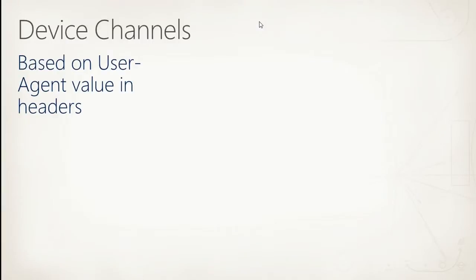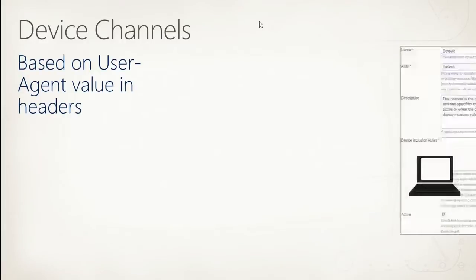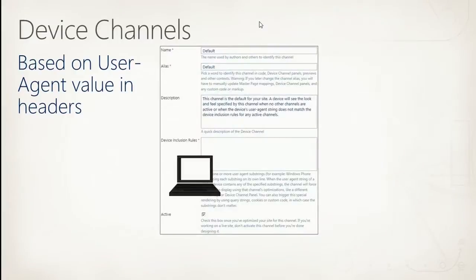The user agent is basically like a calling card that describes the web browser and the system you're coming from, so that the web server knows, oh, this is a Safari browser from an iPad, or oh, this is the IE browser coming from Windows Phone 7, or this is just regular Internet Explorer coming from a desktop. So that user agent header is what you will put in when you create your device channels.